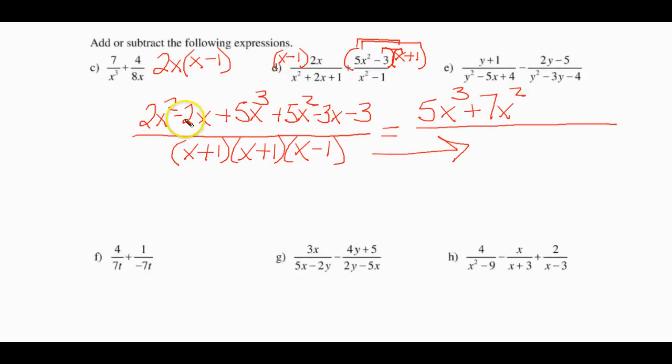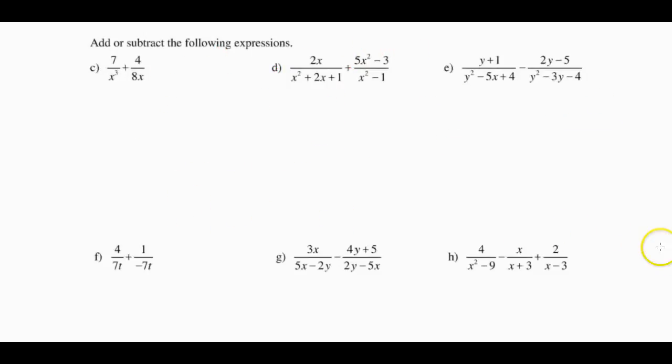I have a negative 2x and a negative 3x, negative 5x, minus 3. Now, that is my answer. Neat and orderly notes will allow you to get extra points if for some reason you made an error in there, and I want to do that.